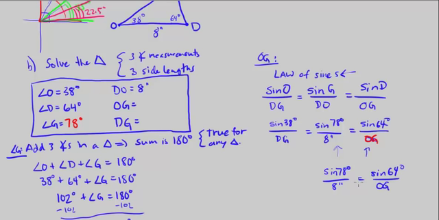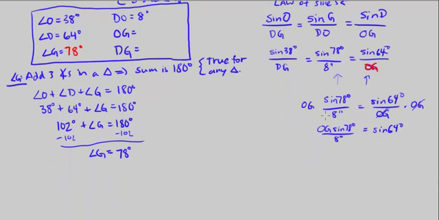So to solve for that, we can multiply both sides because we want it in the numerator. Remember, we want it in the numerator and we want to isolate it. So if we multiply both sides by OG, we get rid of OG in the denominator, and we're just left with sine of 64 degrees on the right. And on the left, we have OG times sine of 78 degrees divided by 8 inches. Okay, so if our goal is to solve for OG, we want to get rid of this multiplication by sine 78 degrees and this division by 8.